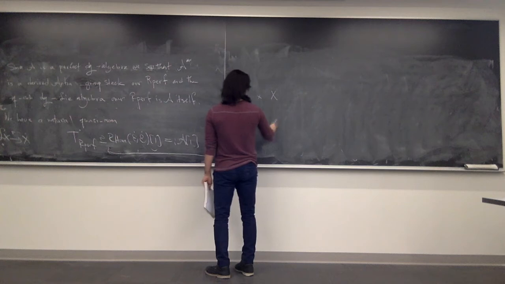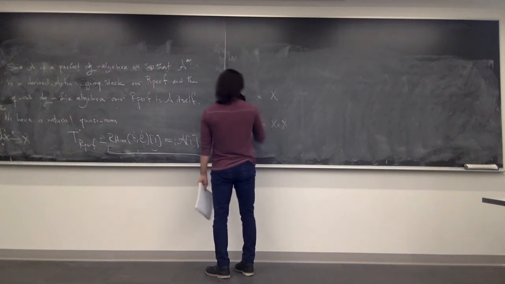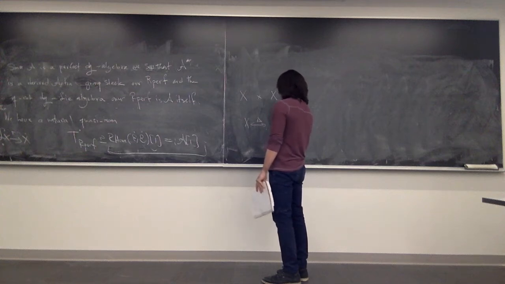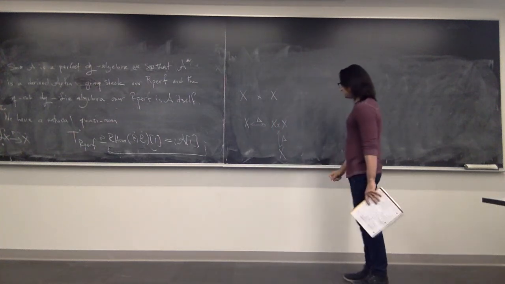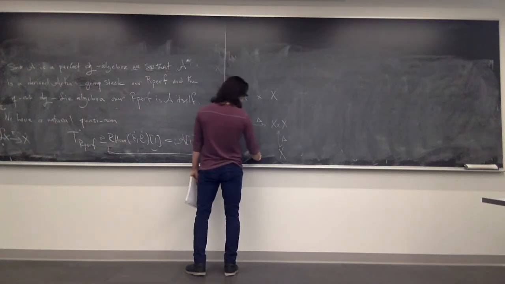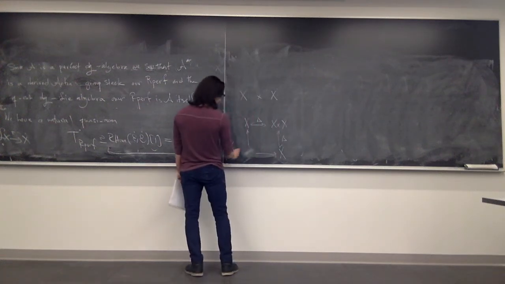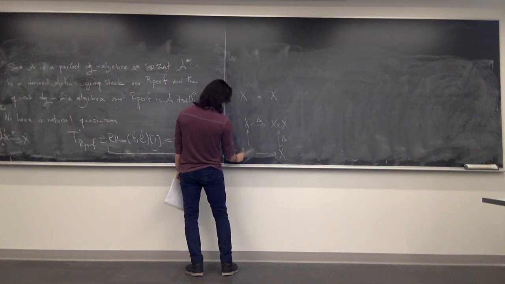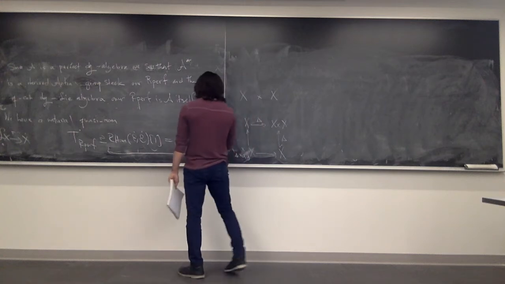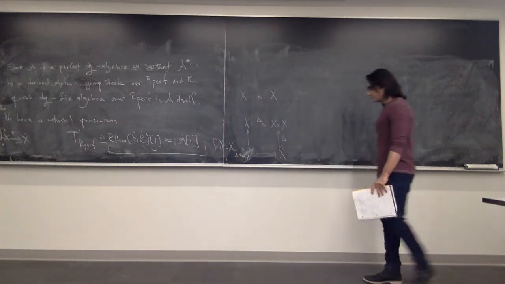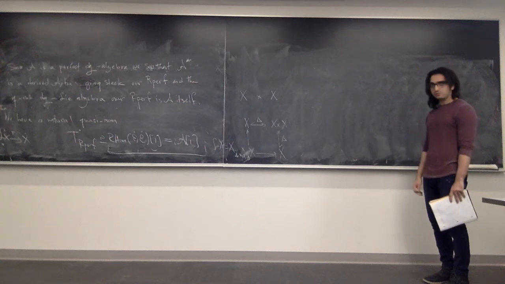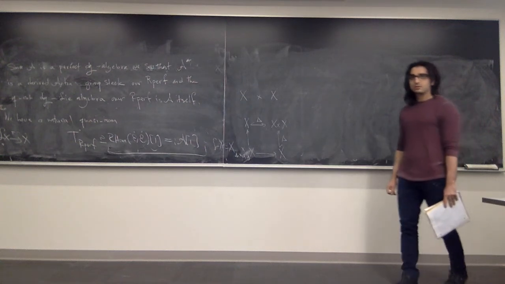You have the diagonal embedding of x inside x times x, and then you look at the fiber product over here. This was the loop stack. So that's the projection, explicitly for A star.